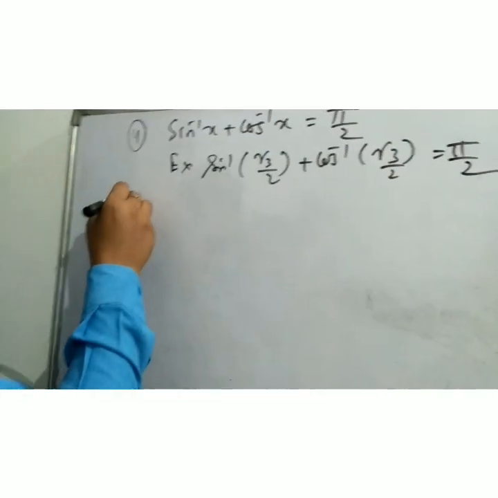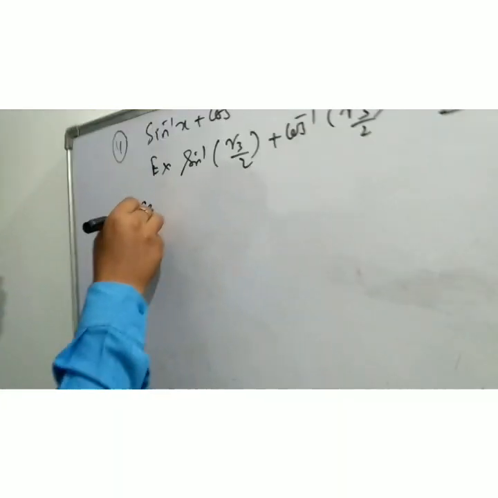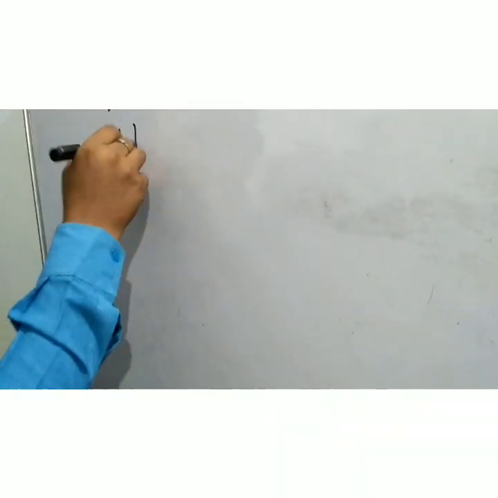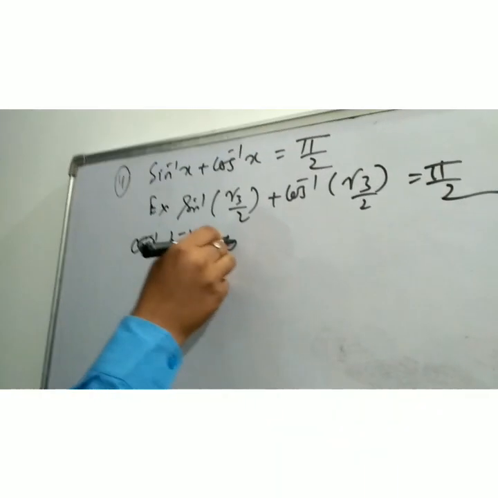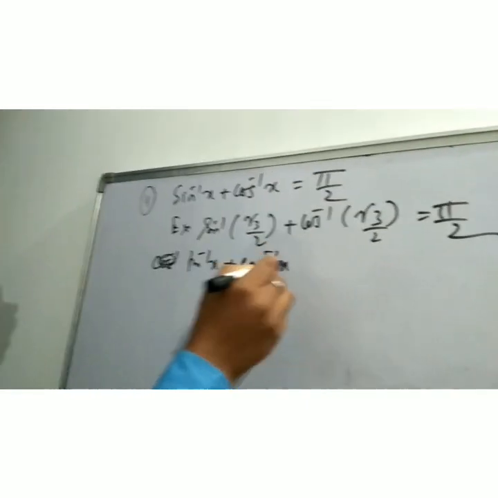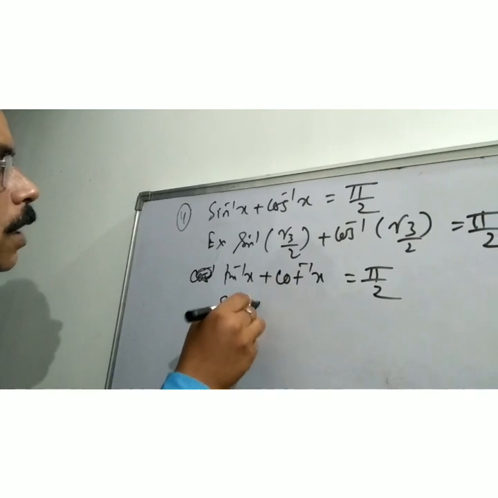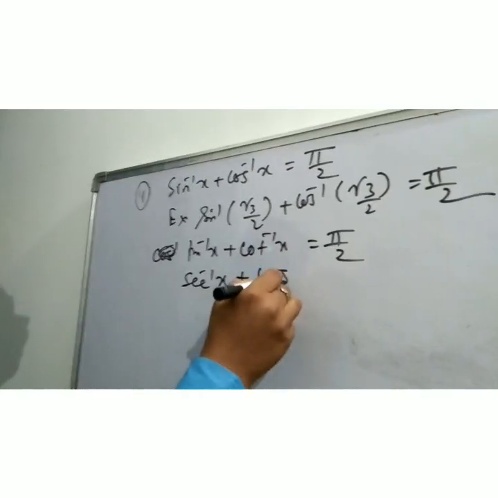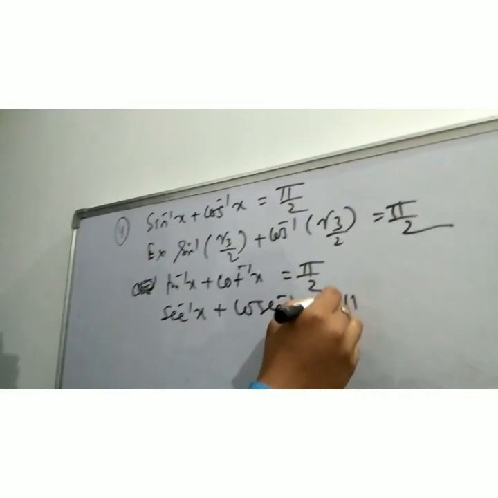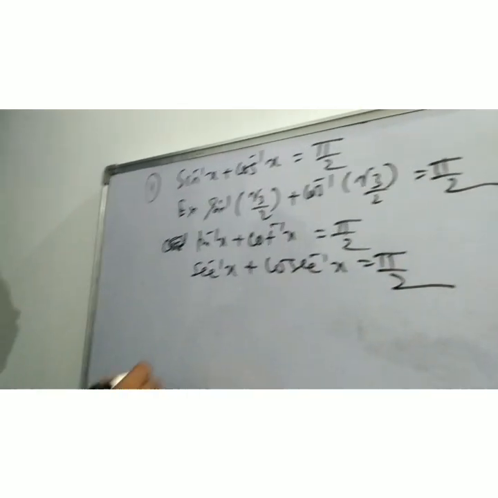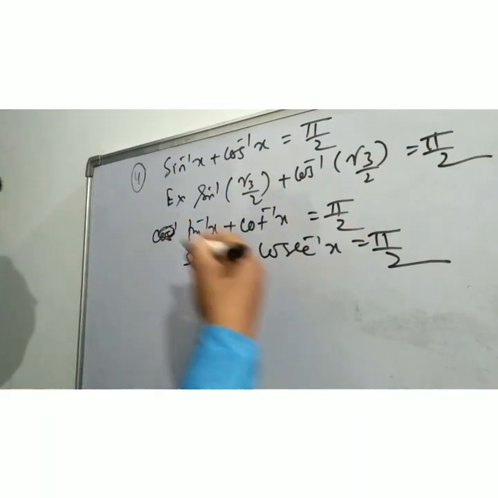Similarly, tan inverse x plus cot inverse x is equal to pi by 2 also. Similarly, sec inverse x plus cosec inverse x is also equal to pi by 2. These three properties are very important.